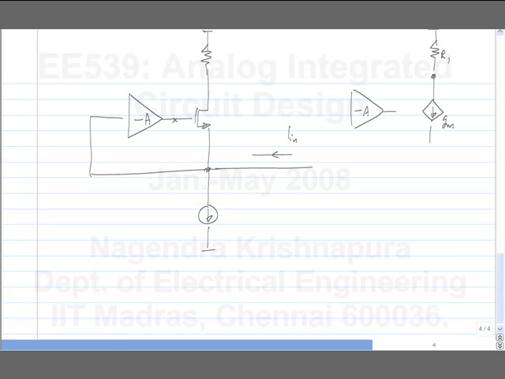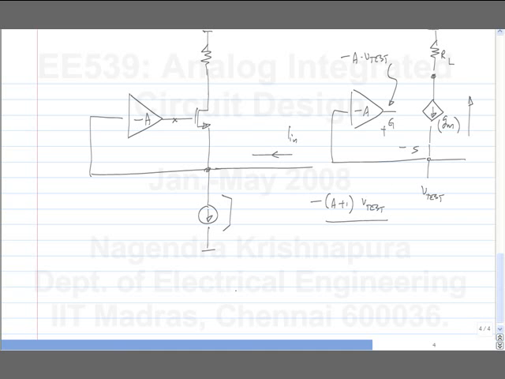And for simplicity, I'll ignore gds altogether. This is the gate, this is the source, and for the small signal incremental quantities, this is an open circuit. So if I apply a test voltage V test, what is the voltage that appears here? Minus A times V test. So what is VGS? Minus A plus 1 times V test, which causes a current gm times this voltage in the upwards direction.